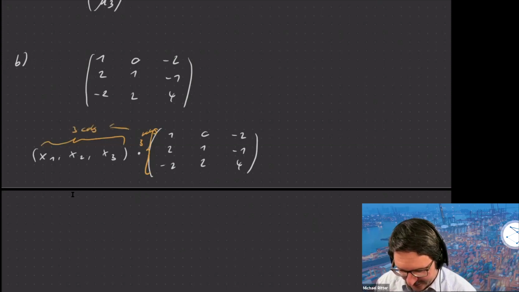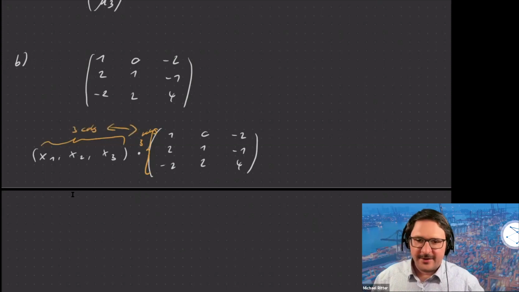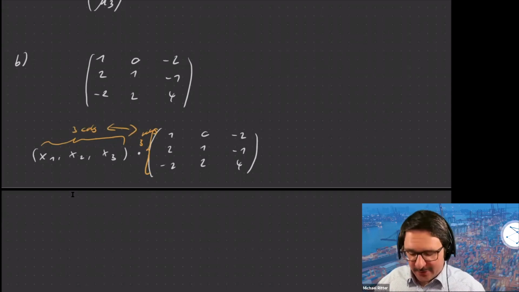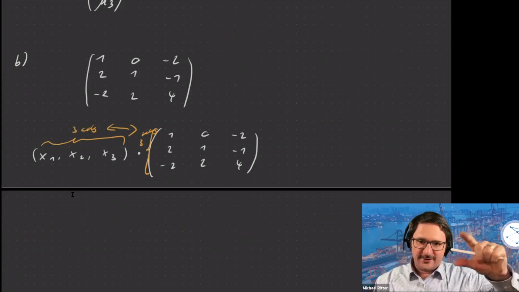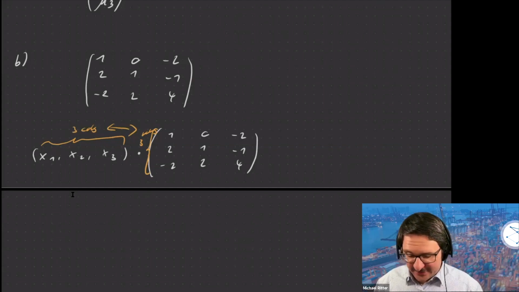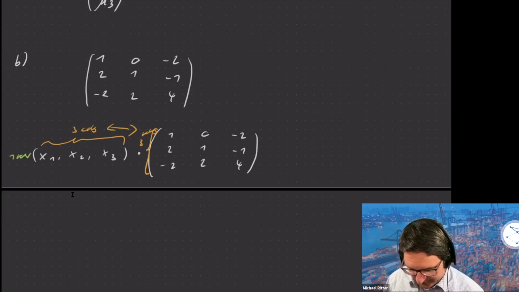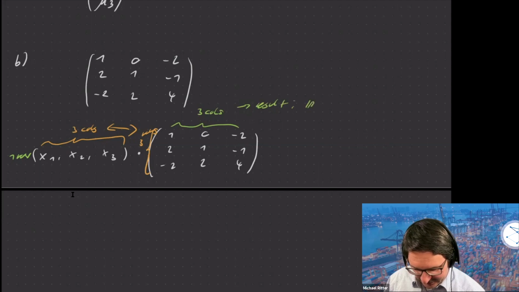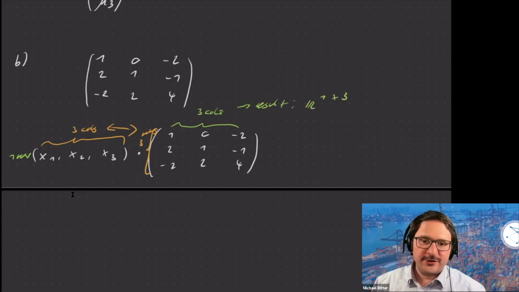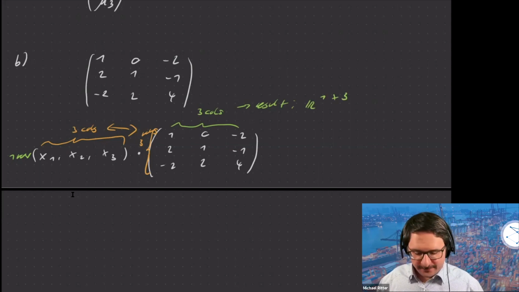So that's why we need to write it in this way. If you want the matrix multiplication to be well defined, right? We need the first one to have 3 columns and the second one to have 3 rows. And then the result will be a 1 row, 3 columns matrix. Right, so the result here is going to be a matrix in R to the 1 by 3. So, in other words, a row vector with 3 columns.